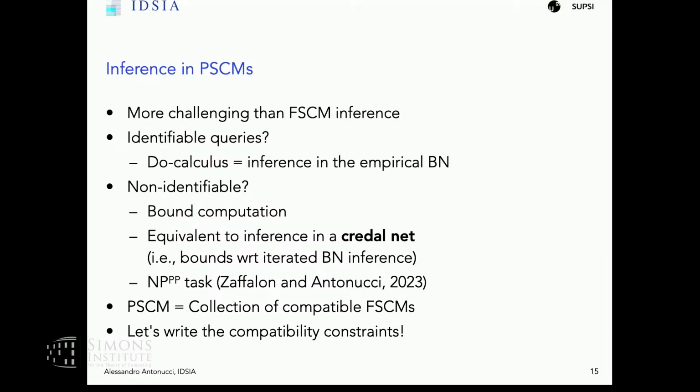And this is another way to see why you need to compute bounds and not sharp values for the query. In a sense, a partially specified structural causal model is just a collection of all the fully specified structural causal models that are compatible with the data, with empirical observation. And the bounds are computed with respect to this collection of models.